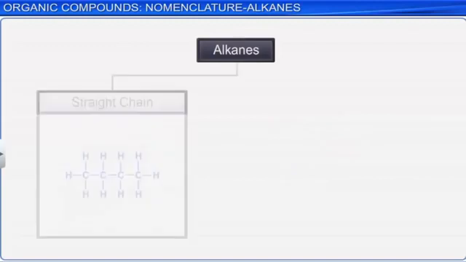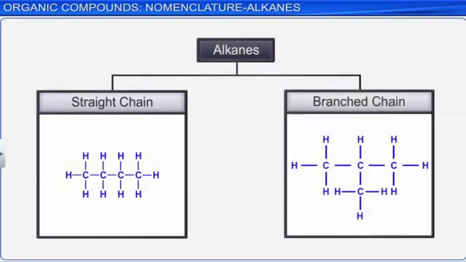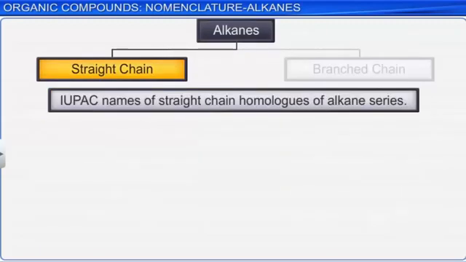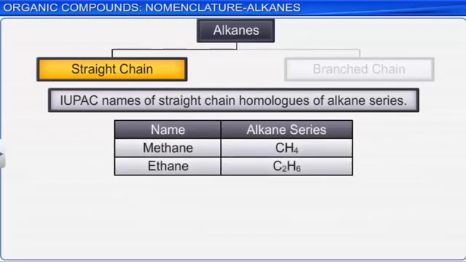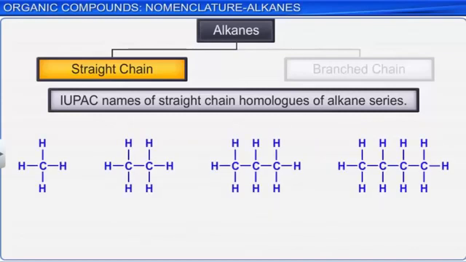Alkanes can be straight chain alkanes or branched chain alkanes. Let's look at the IUPAC names of certain straight chain homologs of alkane series. The IUPAC name of an alkane having 1 carbon atom is methane. With 2 carbon atoms it is ethane.